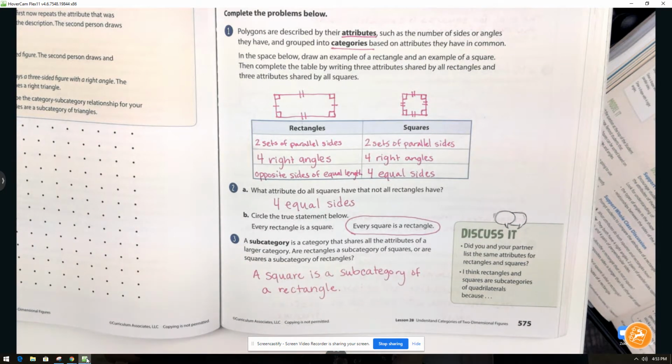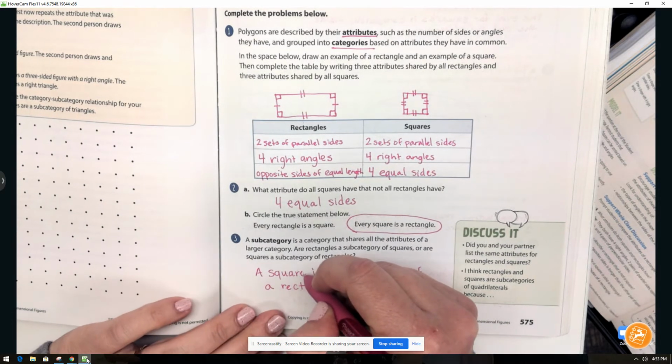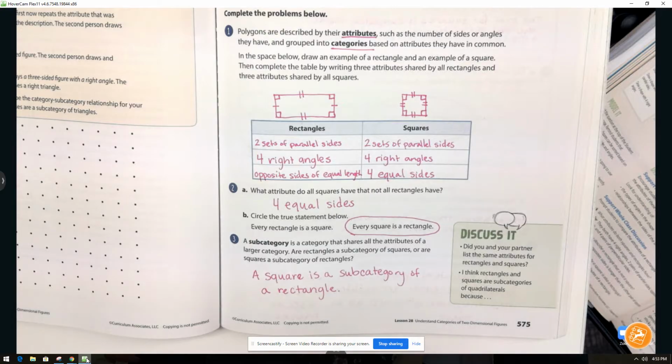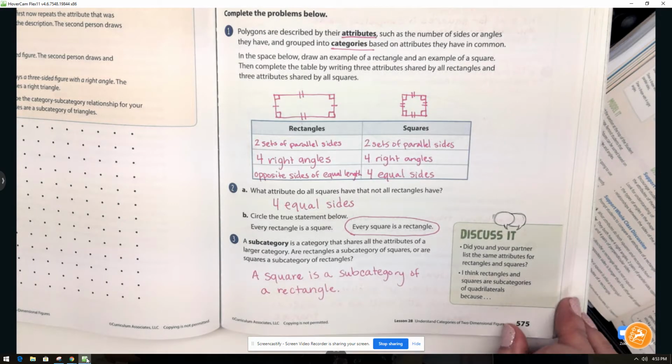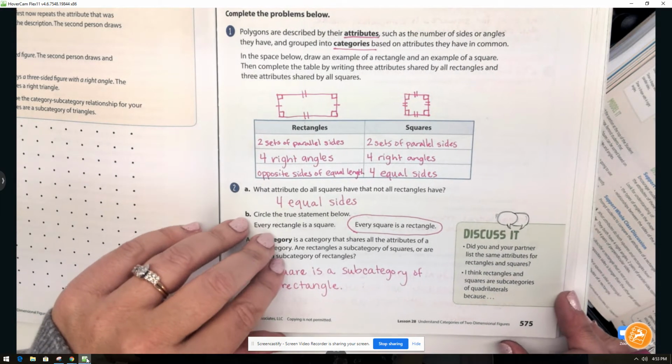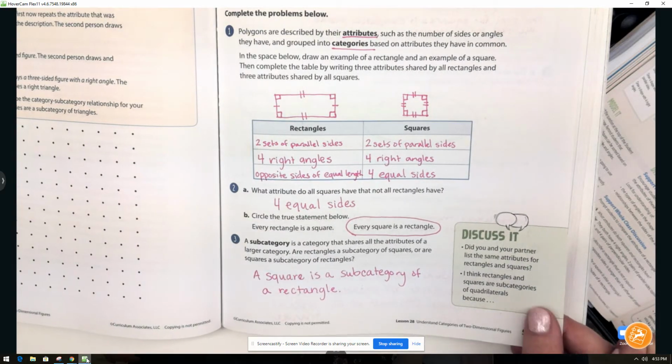Now I'm going to show you on the next page a picture kind of what that looks like, but I want you to understand that all squares are also rectangles, but not all rectangles are also squares. So go ahead and turn to page 576.